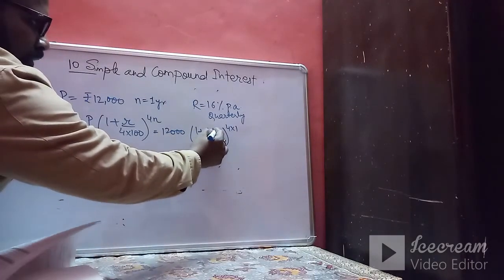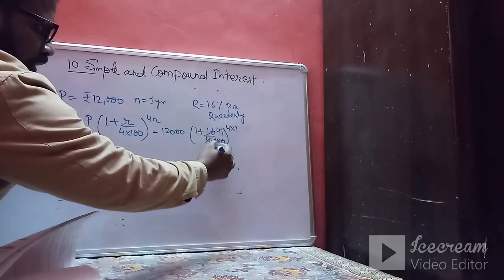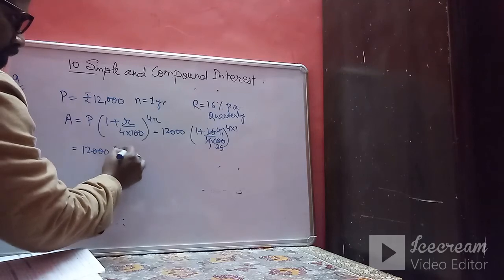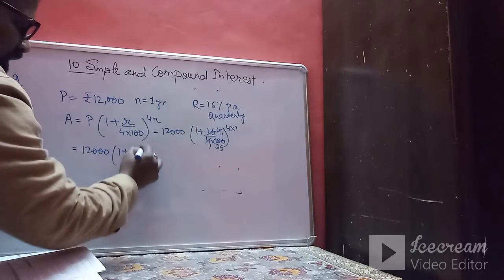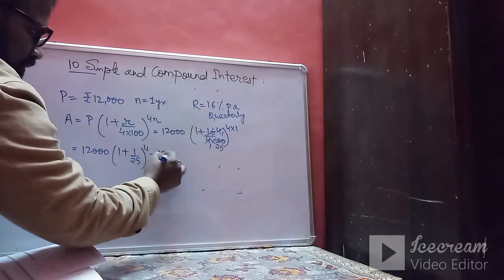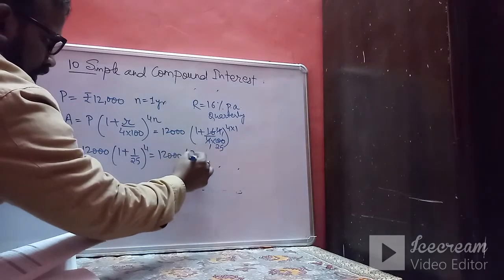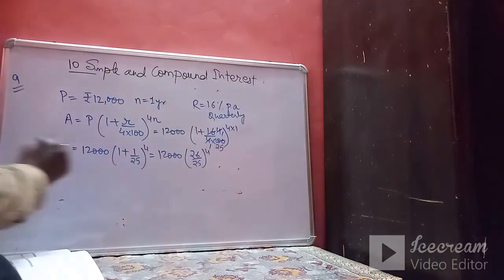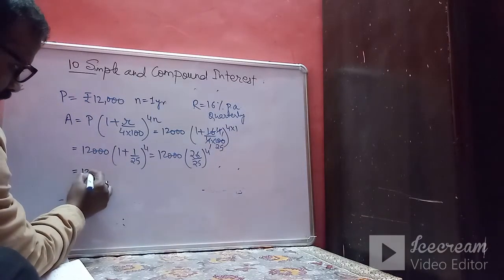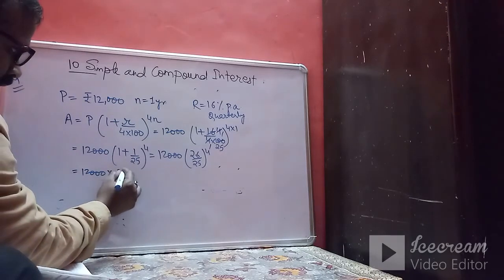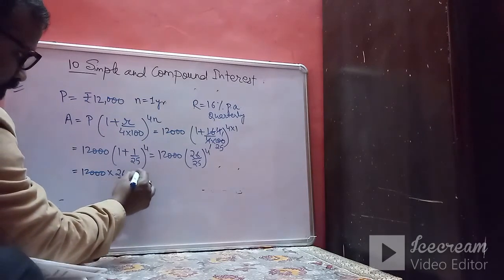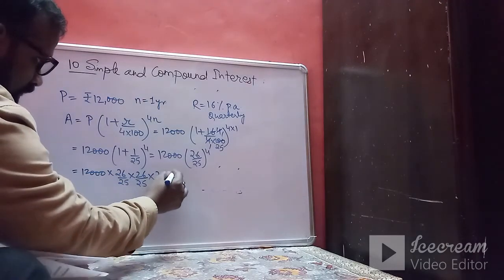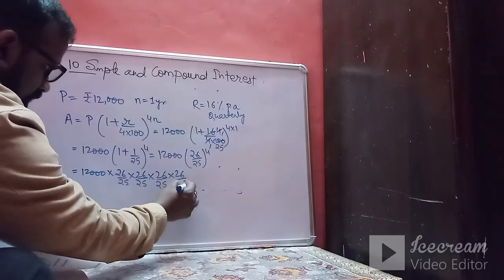So it is 4 into 4, and it is 25. So we will get 12,000 into 1 plus 1 upon 25 to the power 4, or 12,000 into 26 upon 25 to the power 4. 26 upon 25, 26 upon 25, 25 into 26 upon 25.